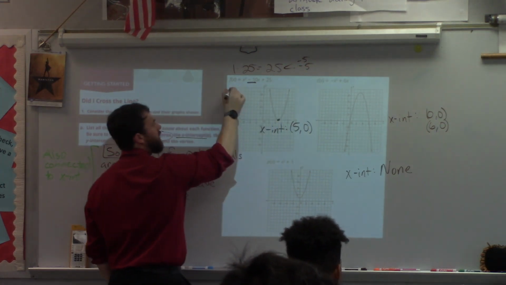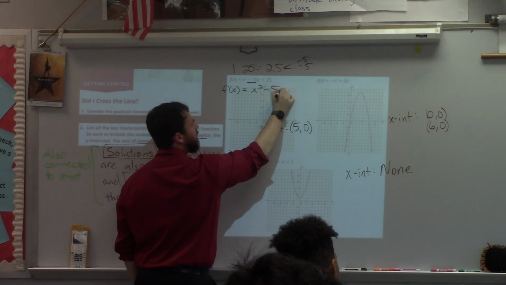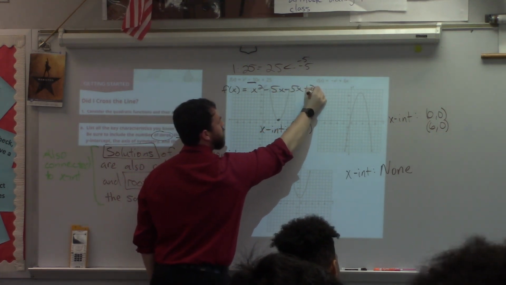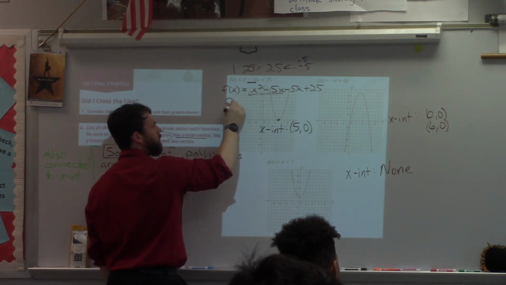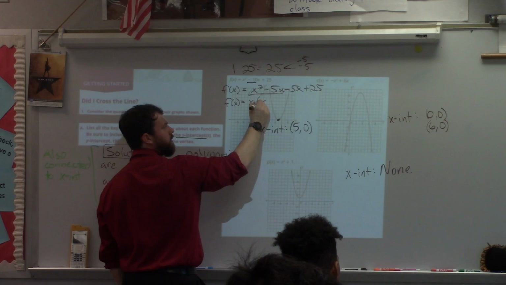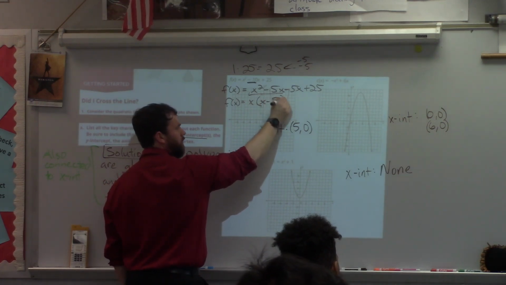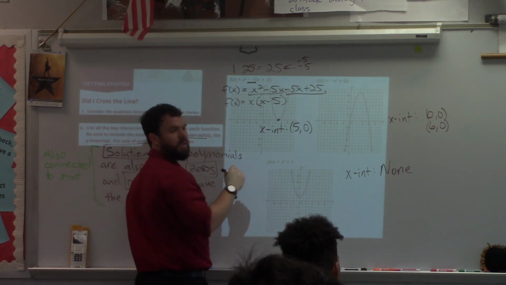And so when I go to factor this, I get x squared minus 5x minus 5x plus 25. Greatest common factor for the first 2: x. And when I factor out that x, I'm left with x minus 5. Greatest common factor here: 5. Positive or negative?